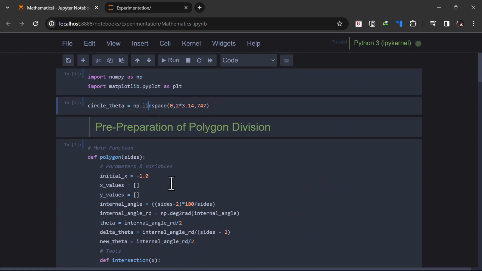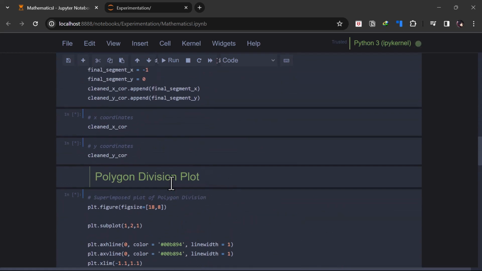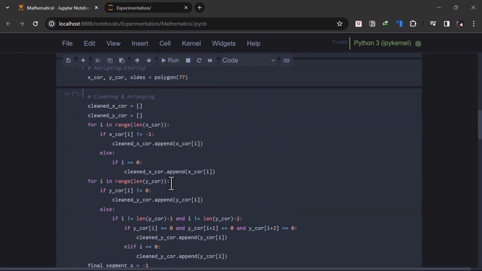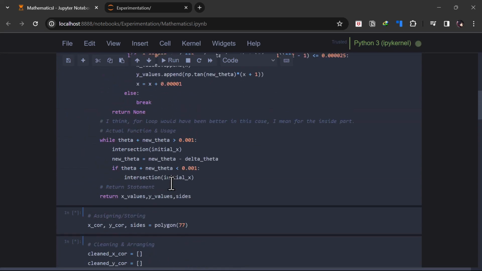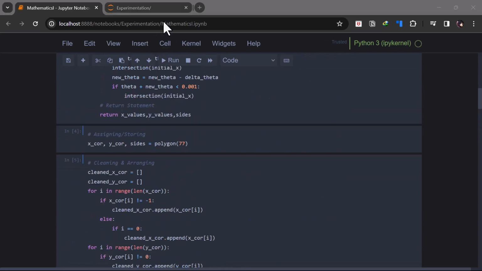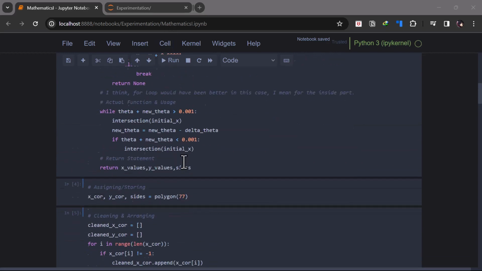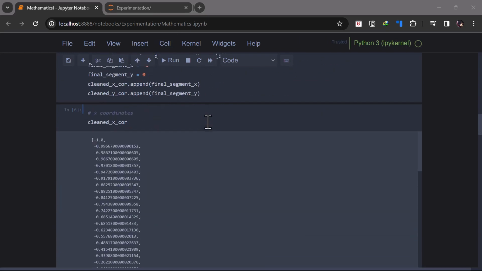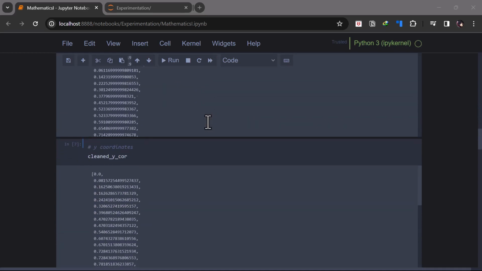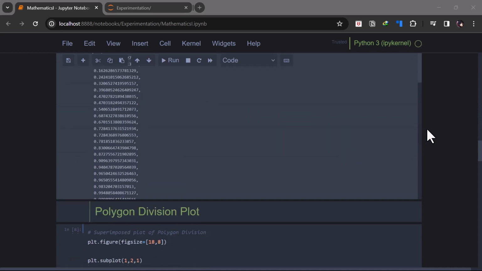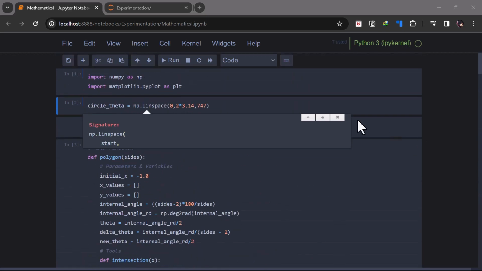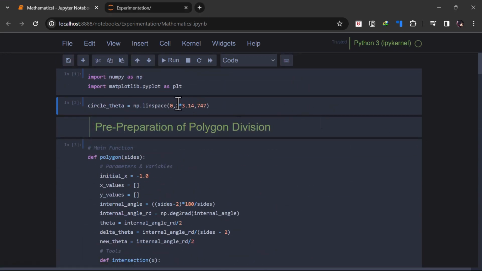Okay, so the kernel is busy, just wait for a second. Yeah, all of the cells have run, and these are all the coordinates of the vertices. And here is the quick documentation of the linspace function.